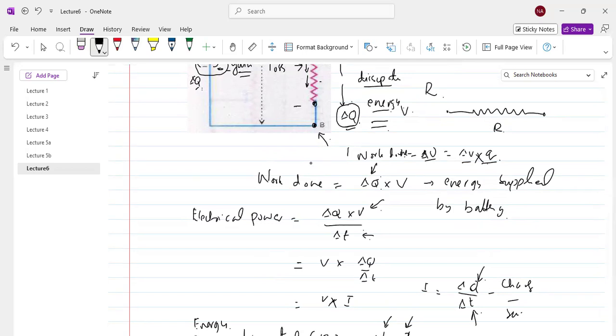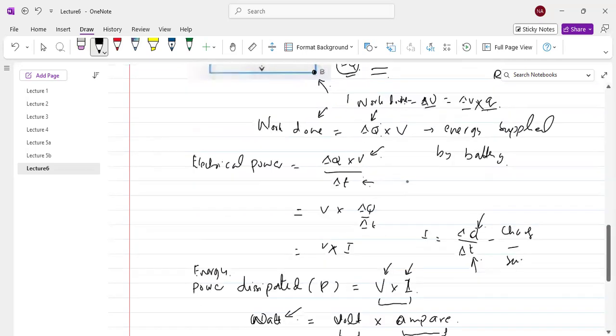Using this fact, first of all we define the work done on the charges. This work is done by the battery. So the electrical power of the battery is defined by the work done divided by the time taken by the battery to move the charge delta Q from its low potential terminal to high potential terminal.